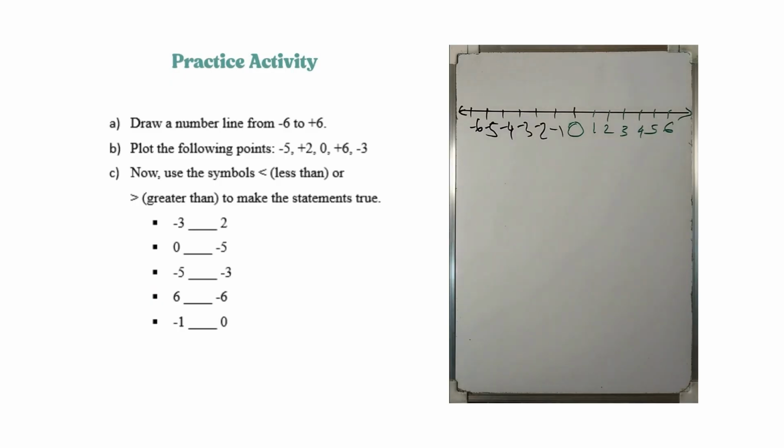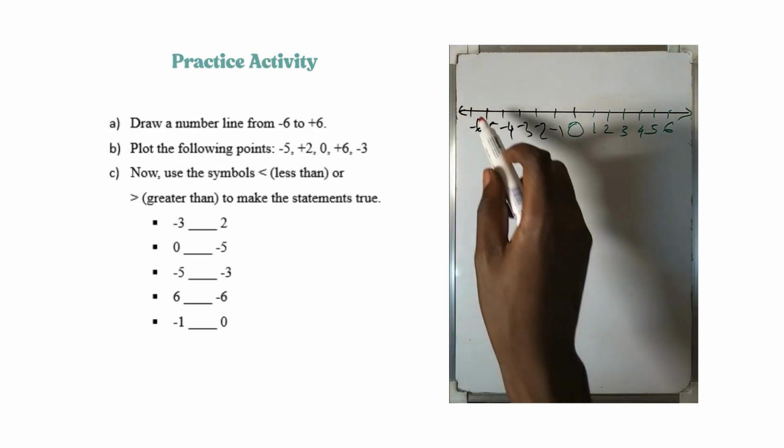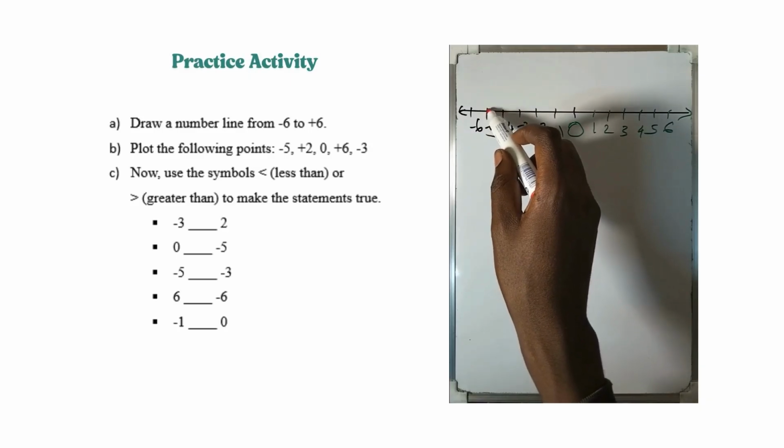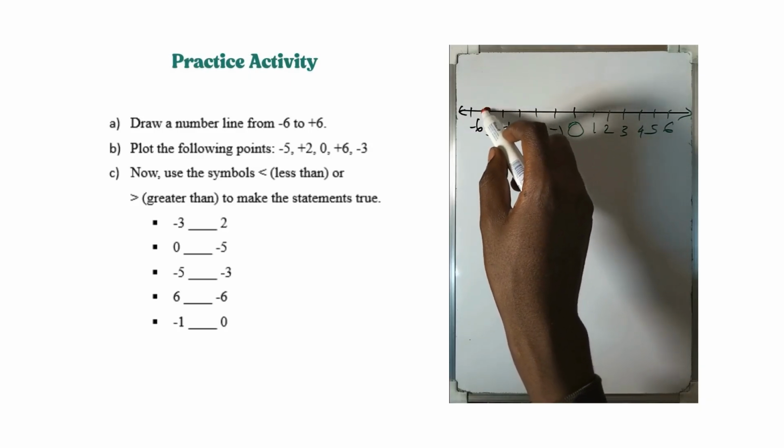Now the next question is to plot the following points: -5, +2, 0, +6, and -3. How do we plot integers on our number line? Let's start with -5. Here is -5. We dot -5.